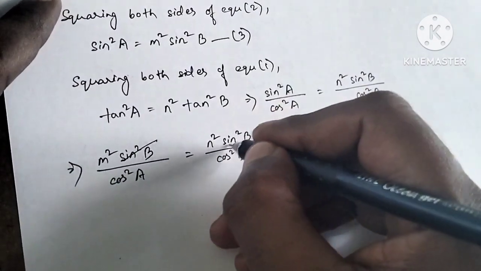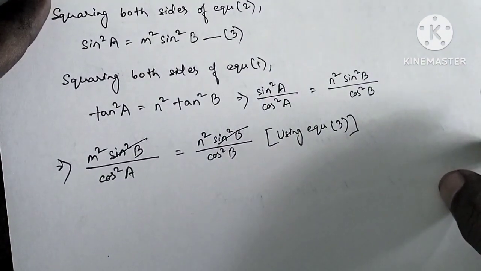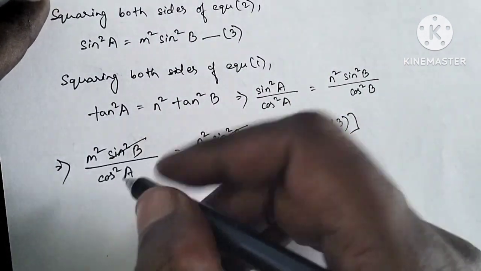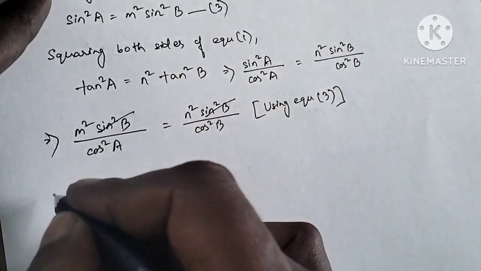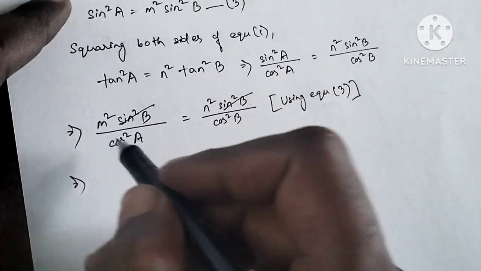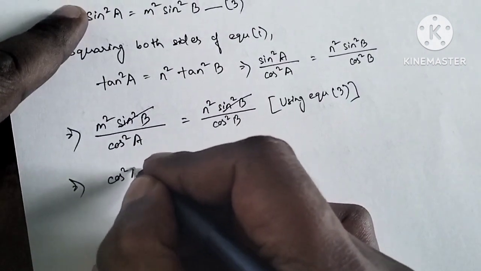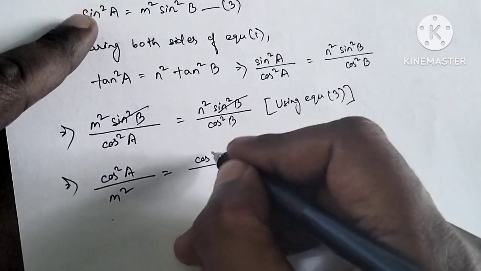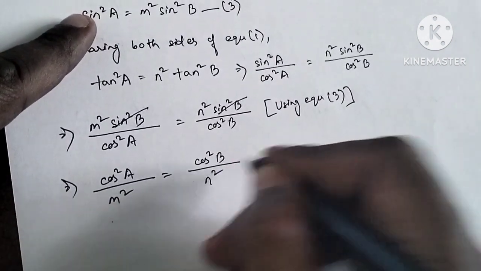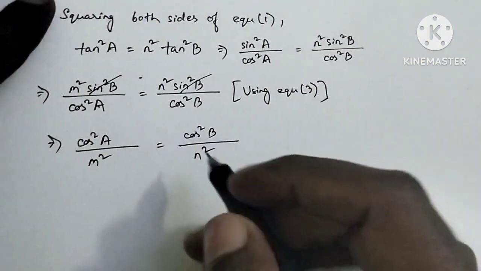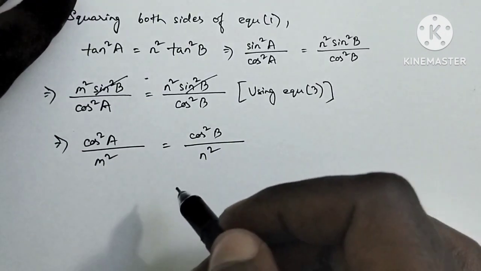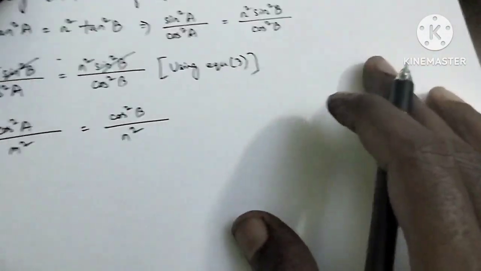So sin square B and sin square B will get cancelled. Clear? So now we will invert. So cos square A by m square will be cos square B by n square. So this cos square A by m square is equal to cos square B by n square, right?